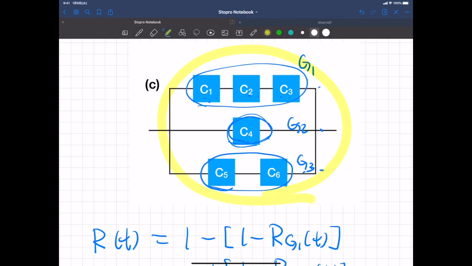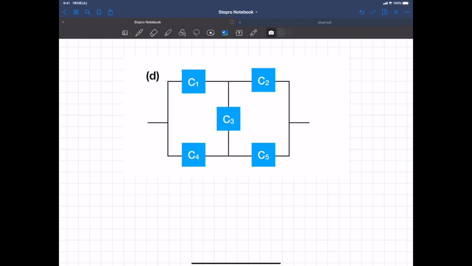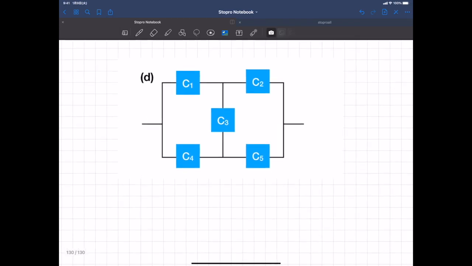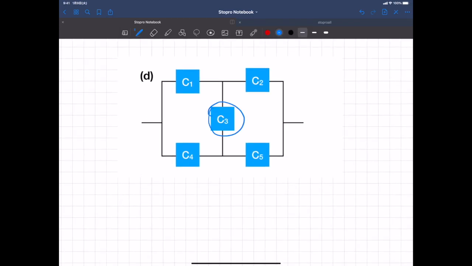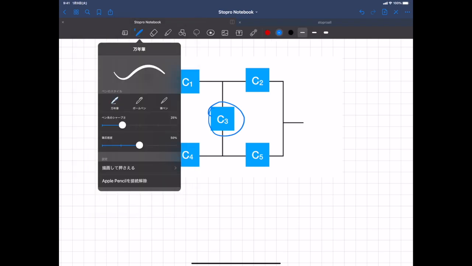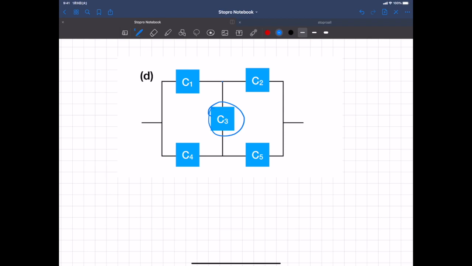So we have to consider each system based on some particular characteristics of systems. As a final example, consider this system. Here there is this component C3, which is a bridge that connects two parallel paths.